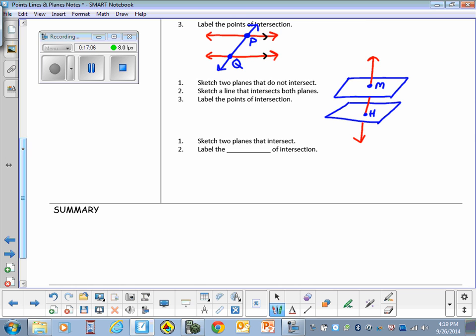Sketch 2 planes that intersect. Oh my. Okay. So I'm going to sketch a parallelogram and imagine this as a piece of paper flat on my desk. Then I'm going to imagine taking a piece of paper and just having one edge touch my first piece of paper.